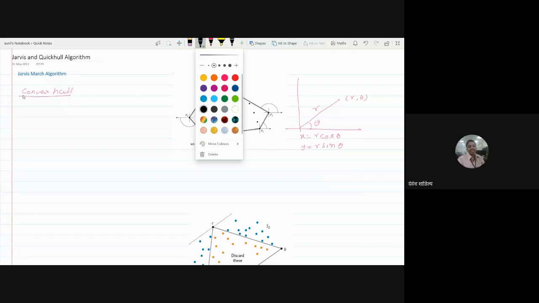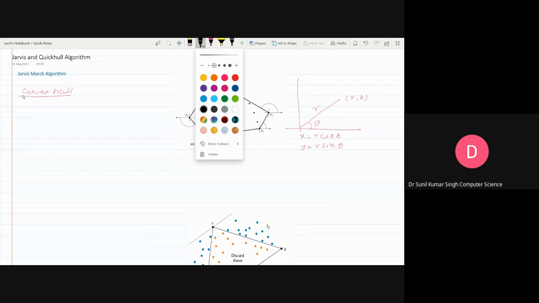This is a polygon formed by joining the given points in such a way that the area of the polygon is minimum, and the points are either on the polygon or inside the polygon. Exactly. So that is the concept of a convex polygon.